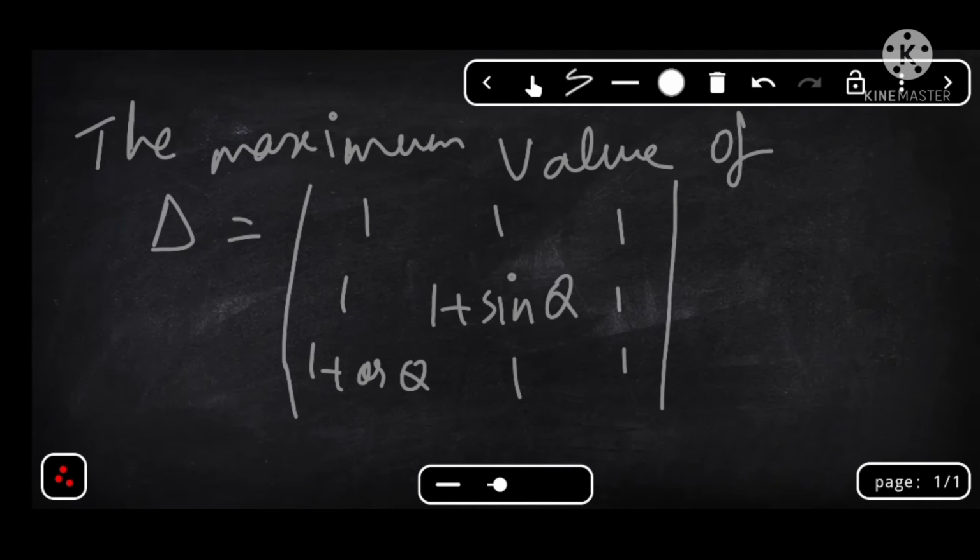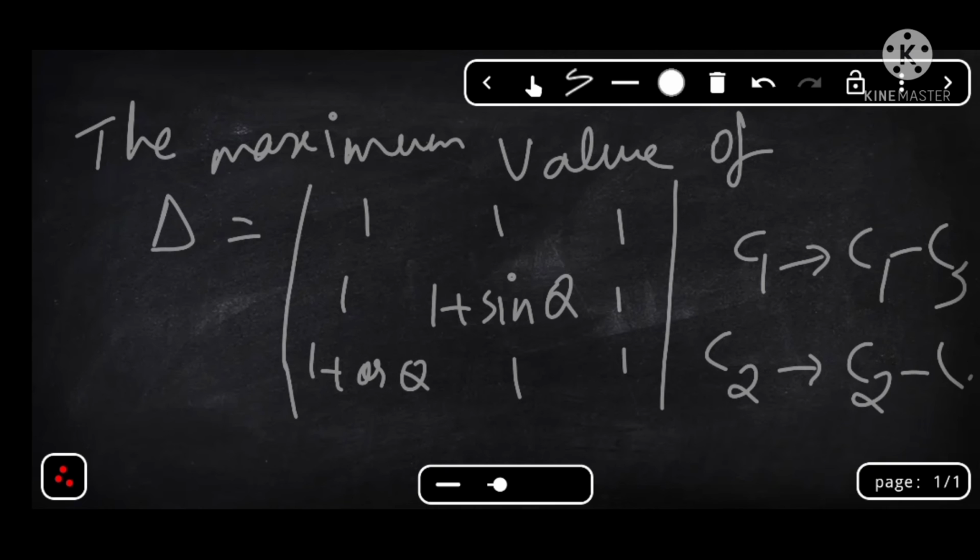Clear? So let's see our next problem. The maximum value of the determinant we need to find out. So this is our determinant. We are supposed to find out the maximum value. First of all, we are doing C1 as C1 minus C3 and C2 as C2 minus C3 for the easiness of making 0.